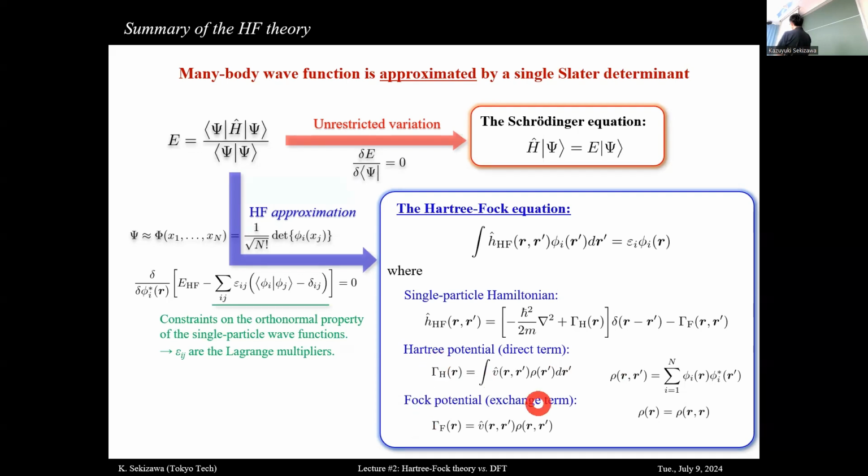Those calculations update or change the mean field potential, so the single particle Hamiltonian is also changed. So you can solve once again this Hartree-Fock equation with the updated mean field potential. You can repeat this procedure until you get a convergent result. This type of iteration is the so-called self-consistent iteration or calculation. So you can solve iteratively, or self-consistently, until you get the convergent result.